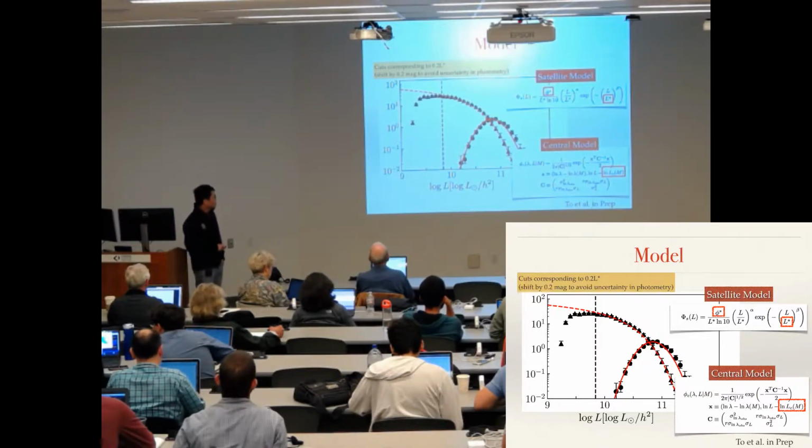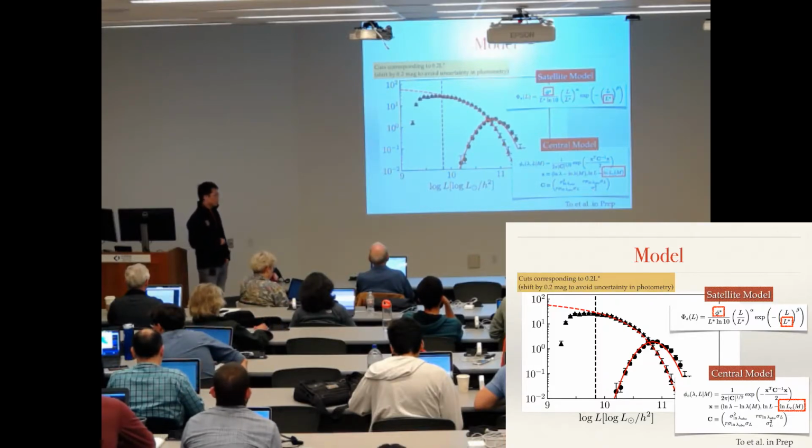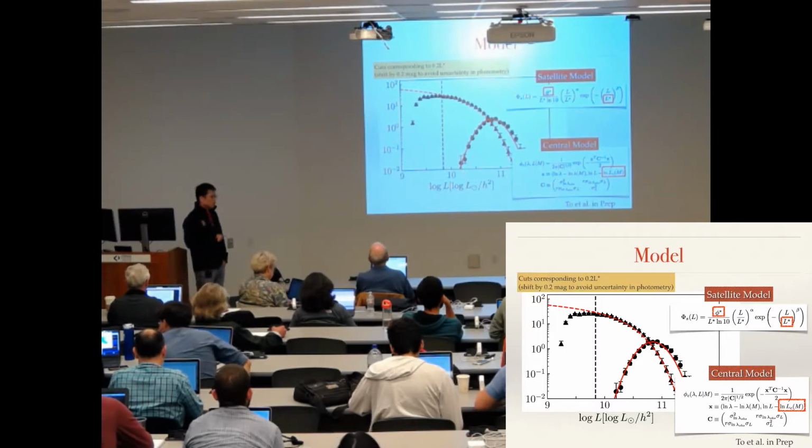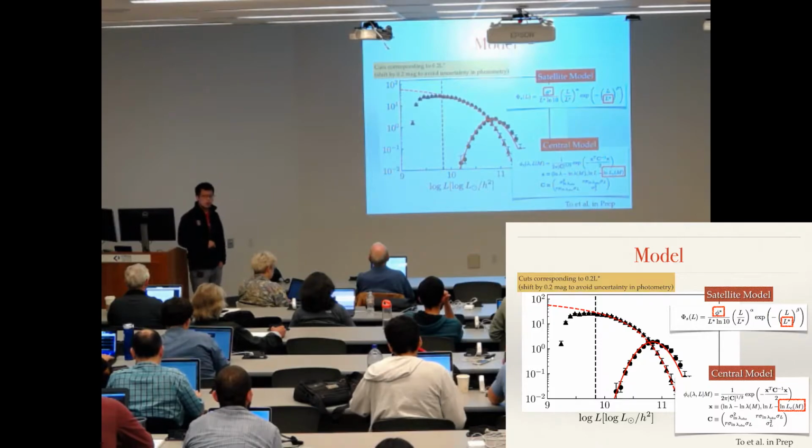The circles show the luminosity function for the central galaxy identified in redMaPPer. We modeled it somewhat differently from other people's work: we model the luminosity and the richness at a fixed halo mass jointly. So we are not just using a single log-normal distribution, we actually model it as a multivariate log-normal distribution.